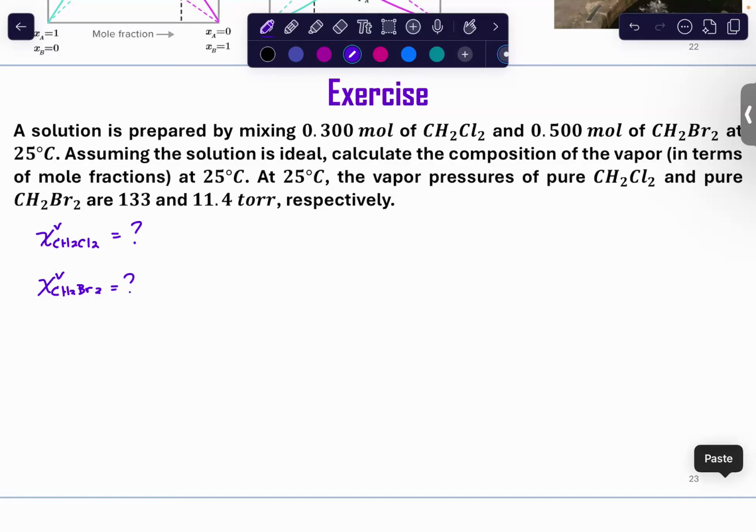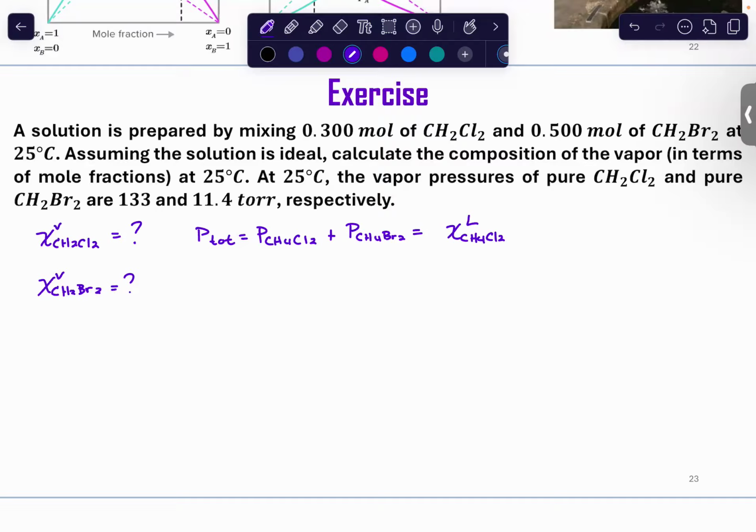Okay, so my total pressure will be my partial pressure of dichloromethane plus my partial pressure of dibromomethane. And so this is what we're going to get because we're calculating for the solution.